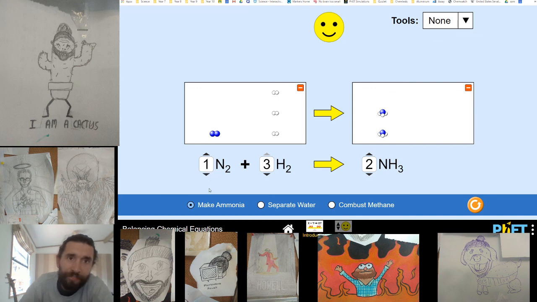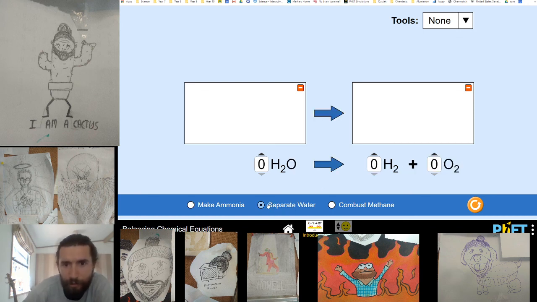If we wrote out this chemical equation, we would write it as N2 plus 3H2, then the arrow, 2NH3. This 1 here, we don't write the 1. We just leave nothing there. Nothing there means 1.